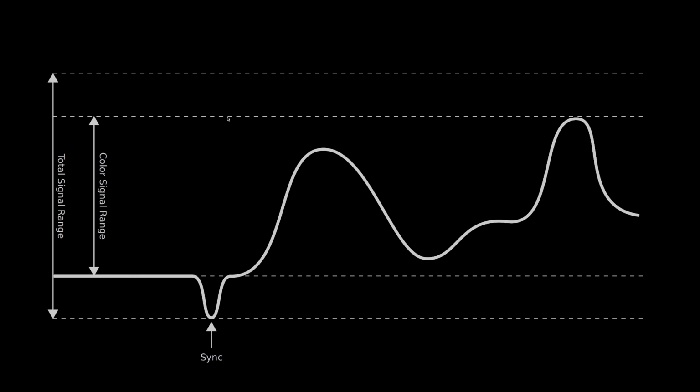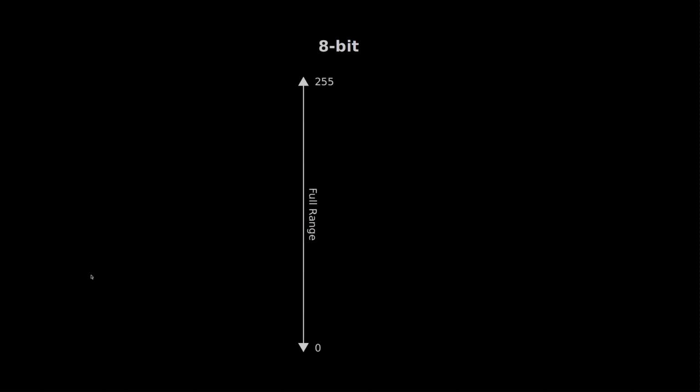So that's analog, but eventually we of course moved on to digital. And in computers, we use the full range of values, in the case of 8-bit color from 0 to 255, but digital television, with its heritage of analog broadcasting, adopted this idea of a limited range of usable values, and this is called the broadcast legal range.